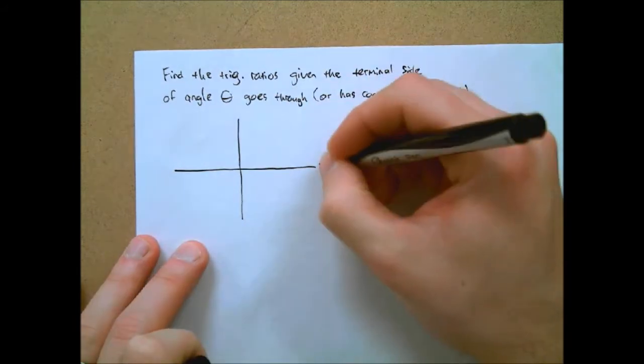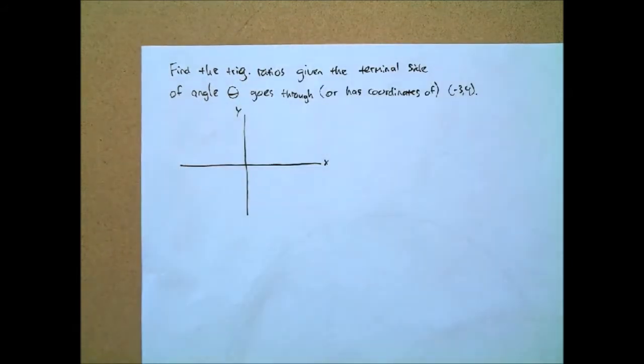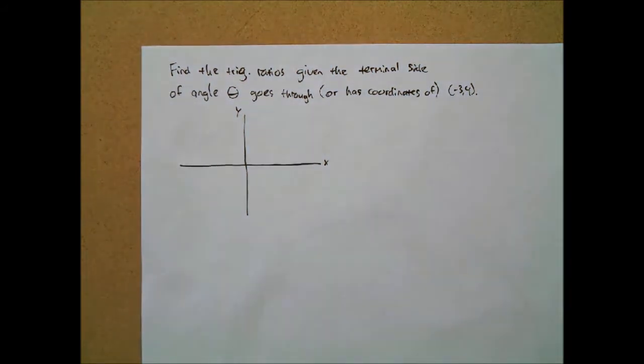There's our x-axis, there's our y-axis. And of course, when we're talking about an angle in the coordinate plane, the vertex of that angle is located at the origin. We always locate our angles at the origin when we're talking about angles in the coordinate plane.